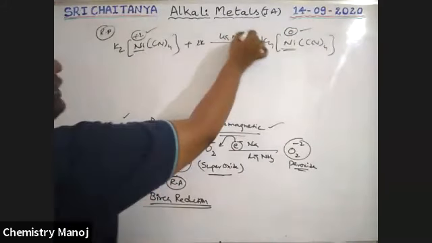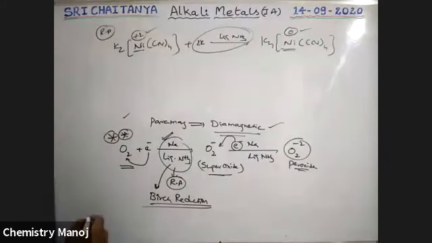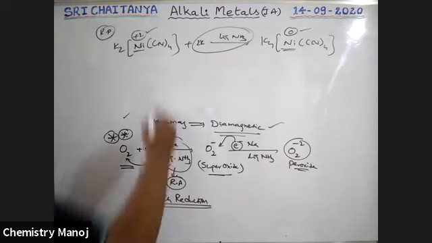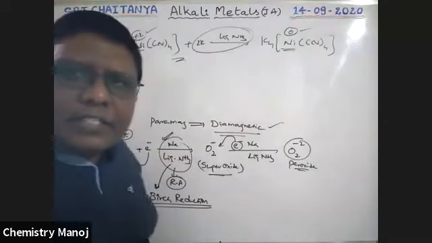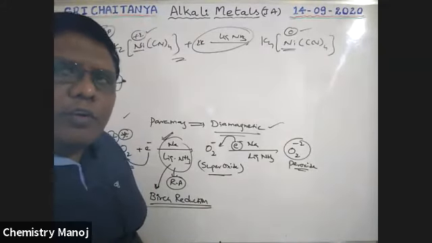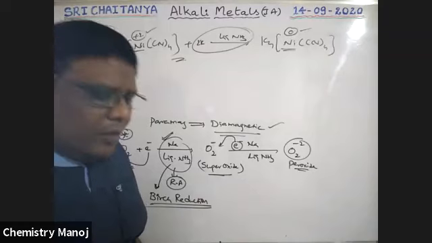It is reduced with the help of this reagent. So potassium in liquid ammonia is the reducing agent, just like sodium in liquid ammonia. Like this, a number of reducing properties are there. So please check your materials, identify those reactions and rewrite them in your notebook. I have not covered all the reactions here, boys.